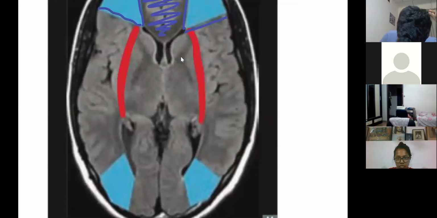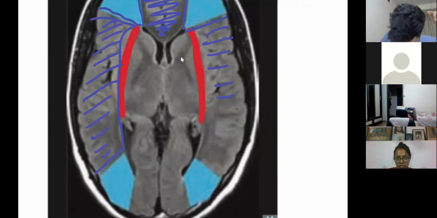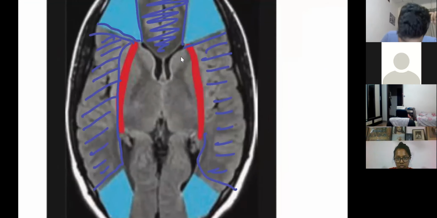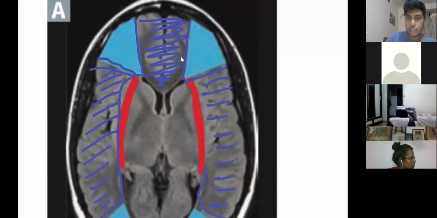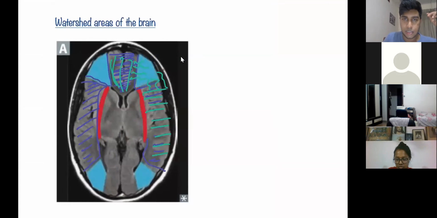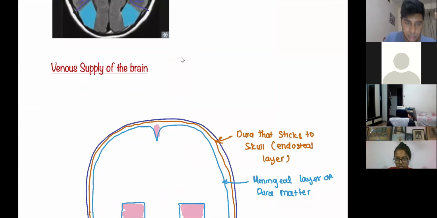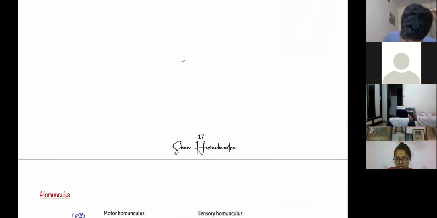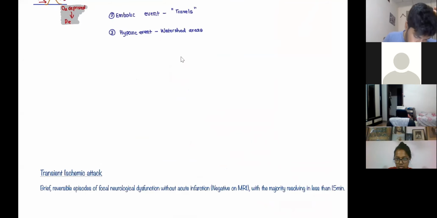This area is supplied by the middle circulation, and these watershed areas get a diffused blood supply. The main vessels will go like this, and they will send some small ones which is not enough into those areas. This is called a watershed area. Hypoxic events can lead to that.